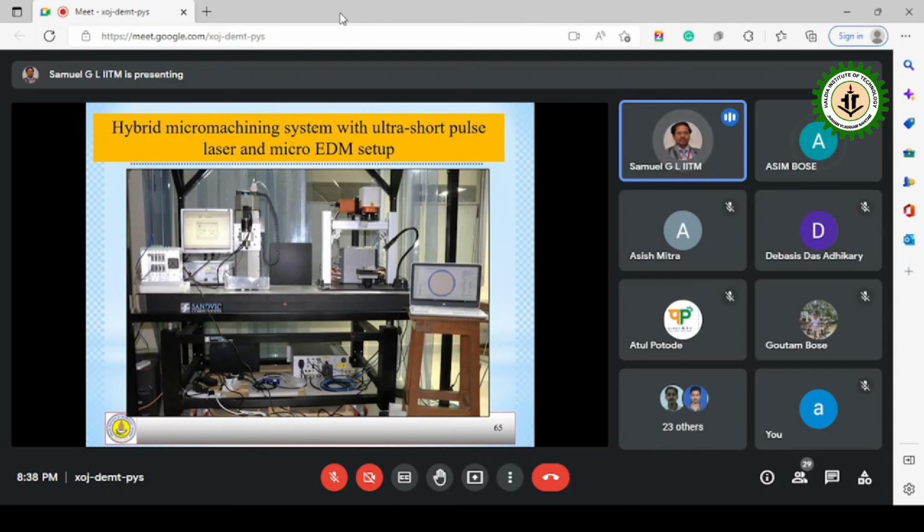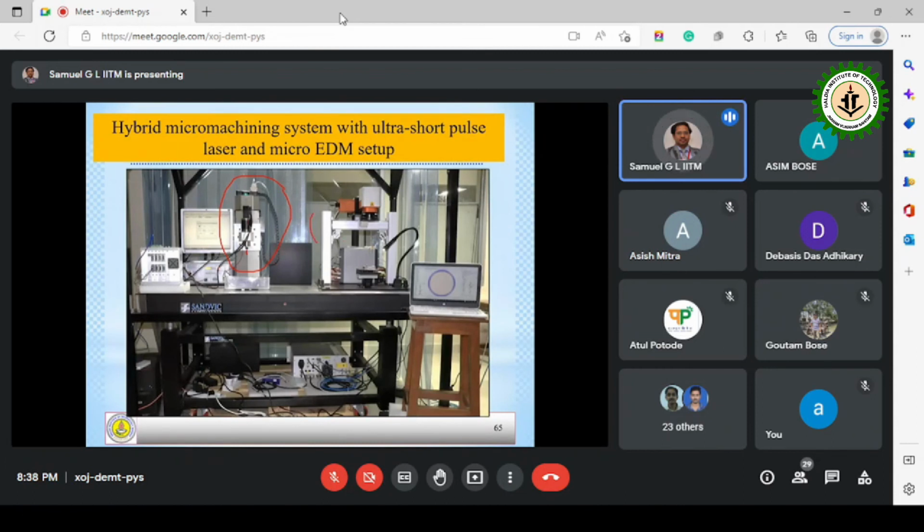So this is the setup that we have developed here. This is a hybrid type of machining setup. This one is a micro EDM setup with a rotating spindle, and the micro wire, micro rod will be used here as the EDM, and we drill the holes.